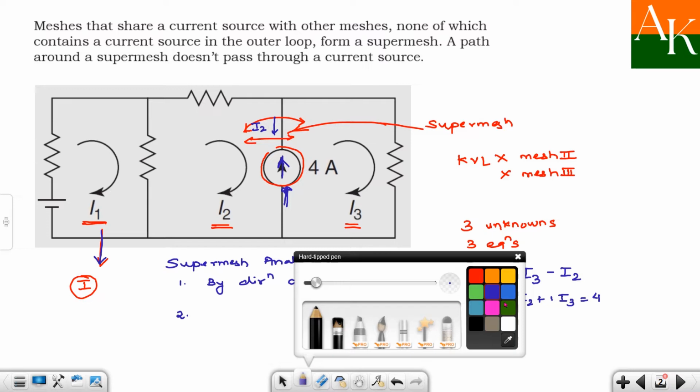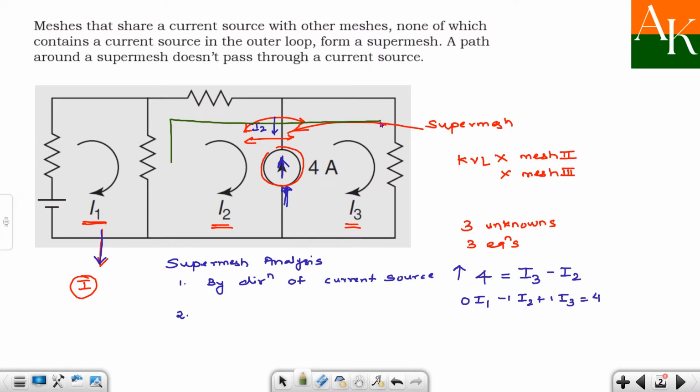Now another equation you will obtain by applying KVL to this supermesh. While applying KVL to this supermesh, we have to exclude the current source. So we will move from mesh 2 to mesh 3 and again back to mesh 2, as if there is no current source.